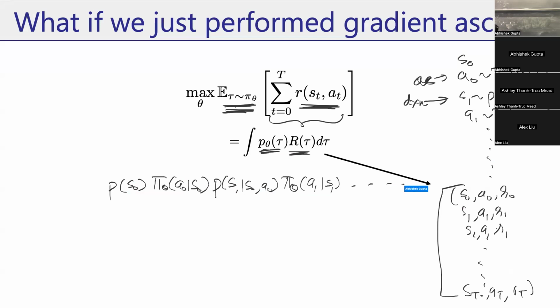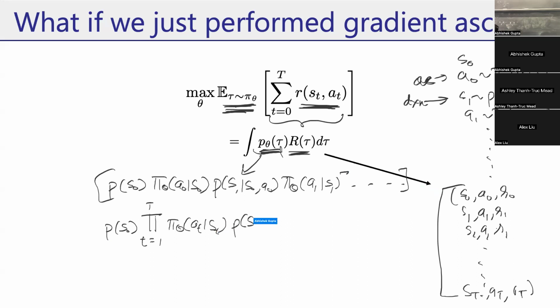So P theta tau is shorthand for this. You can write it as P of S naught times the product of pi theta of A_t given S_t and P of S_t+1 given S_t and A_t. So it's basically initial state multiplied by likelihood of a policy multiplied by likelihood of the dynamics. Right? And so this is the likelihood that you get a trajectory.